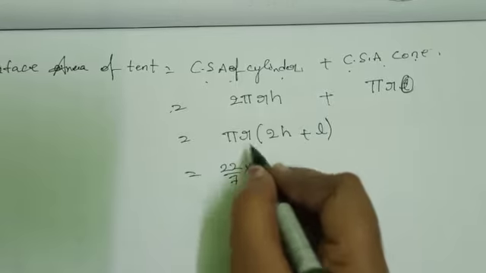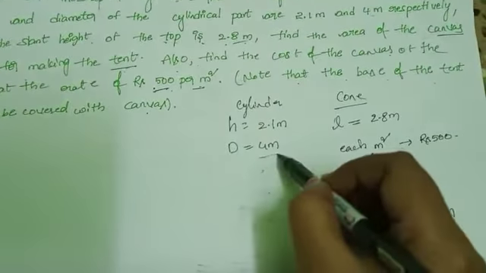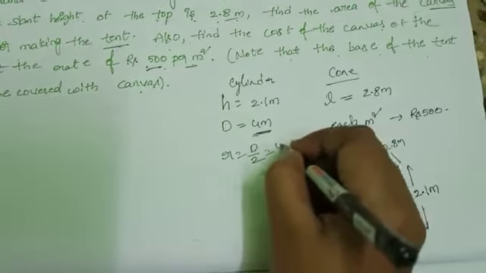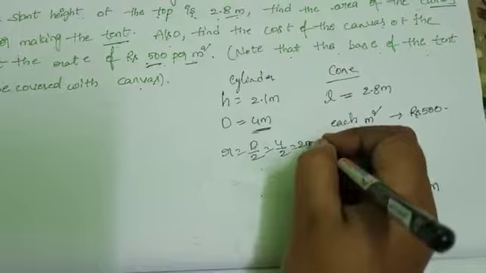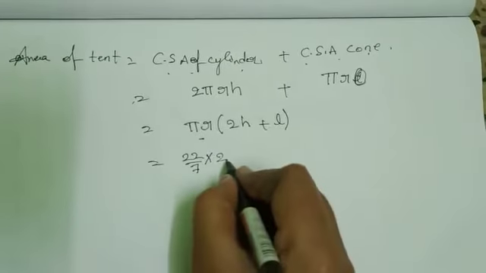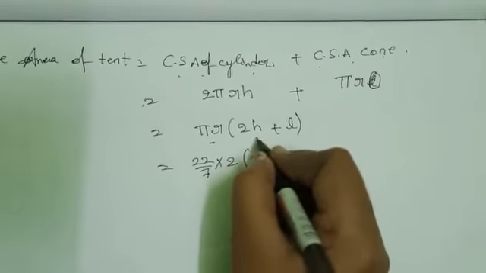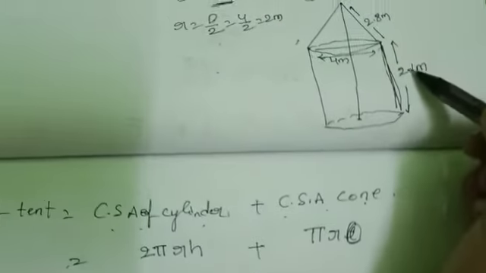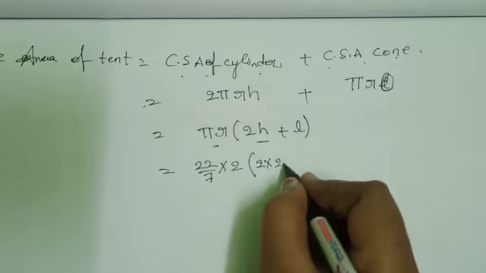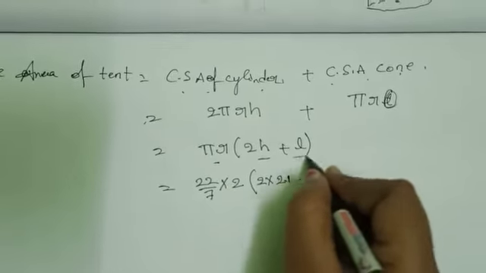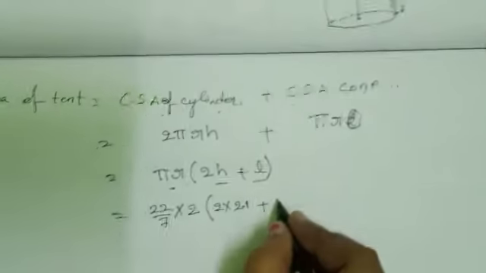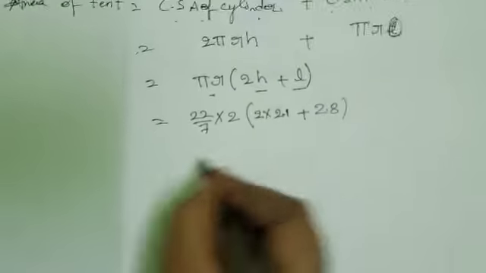R value: diameter is given 4 meters, then radius equal to diameter by 2, 4/2, which is equal to 2 meters. 2 into height of the cylinder is given 2.1 meters. L is slant length 2.8 meters.